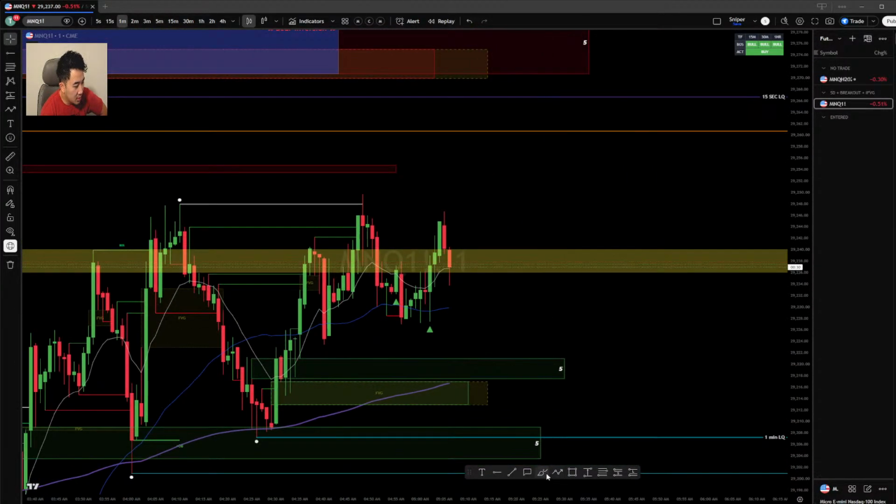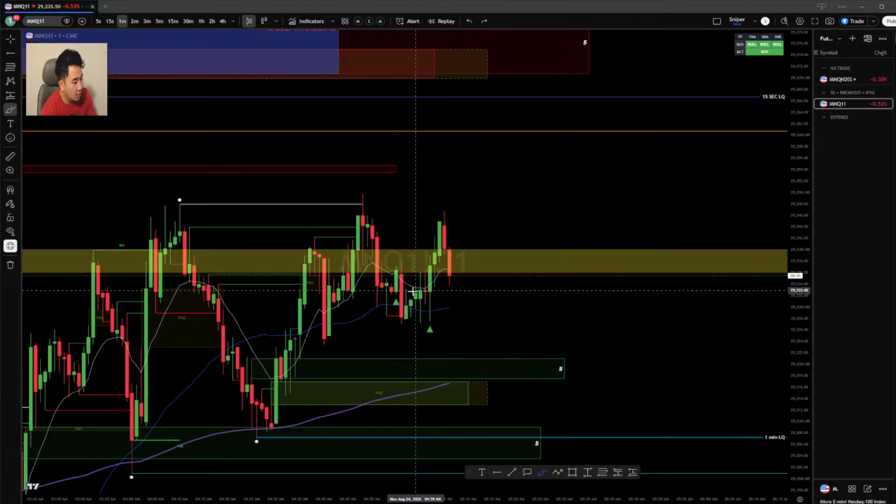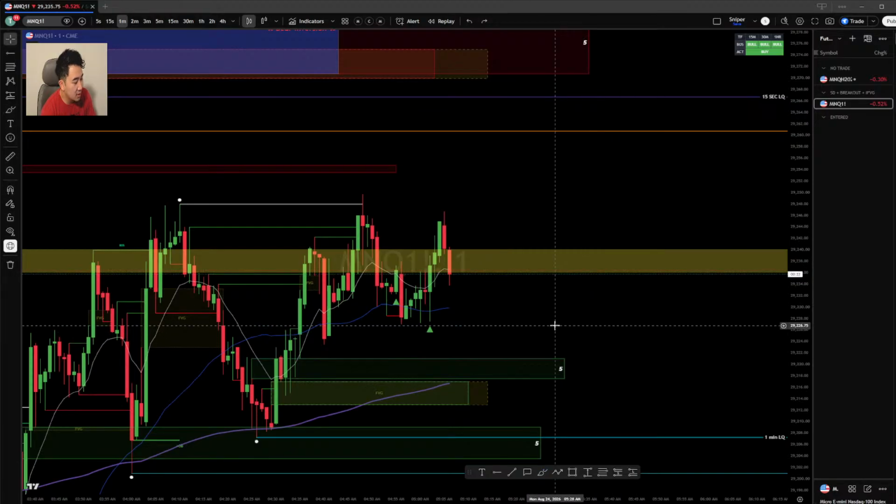On the 1 minute, we are bullish, given where the 13 EMA and 50 SMA are.